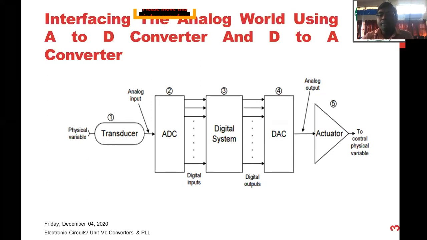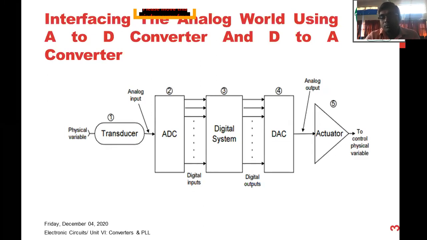The output of the digital system is a digital output, and again we reconvert it into an analog signal. For that purpose we use a DAC, which converts the digital information into analog, and the parallel data is converted back into serial. That analog output is used to drive any output like a motor or any actuator.